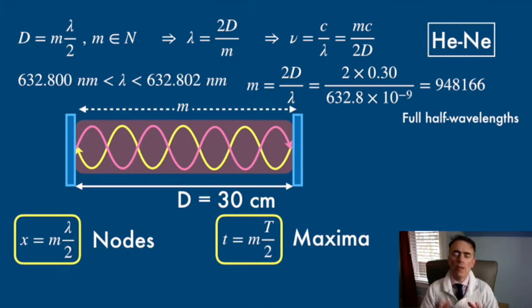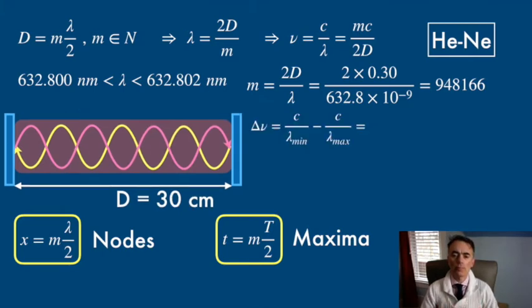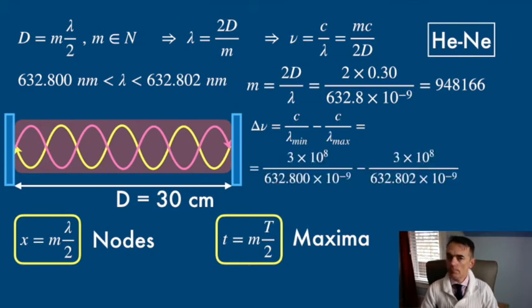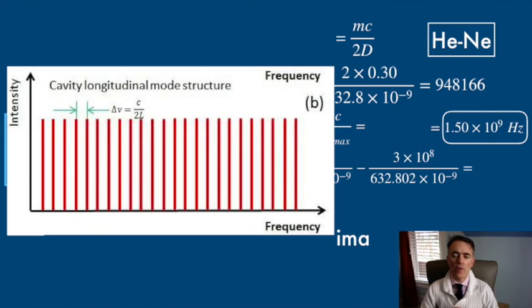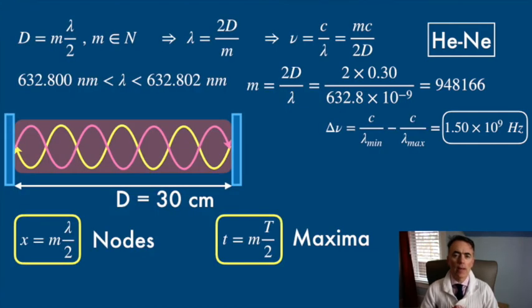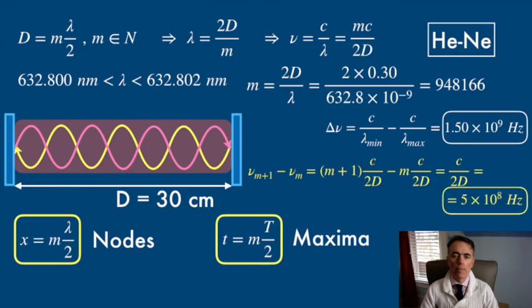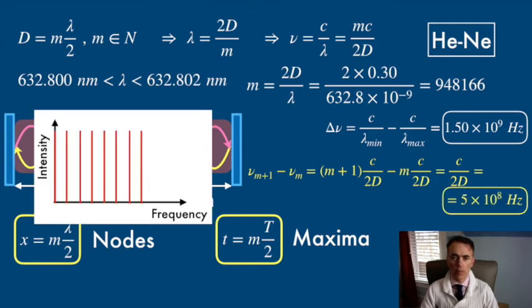To calculate the range of frequencies, we get 1.50 gigahertz as the range. We will have frequencies equally separated, and the separation is given by nu m plus 1 minus nu m, which is 500 megahertz, the frequency separation between allowed frequencies.